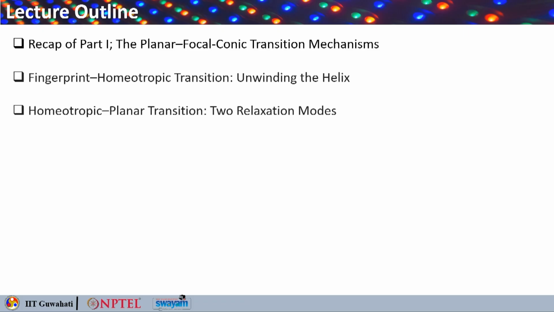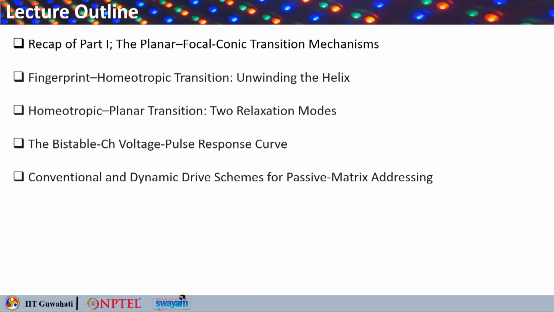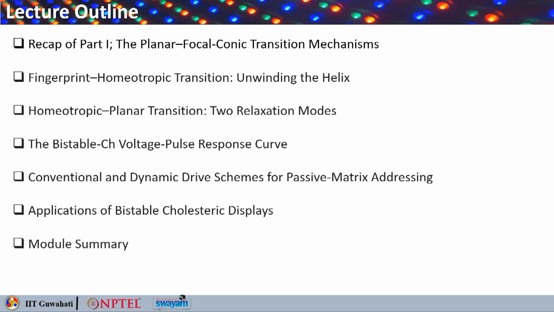Homeotropic to planar transition, there are two relaxation modes, and then the bistable cholesteric voltage pulse response curve. We'll then talk about the conventional and dynamic drive scheme for passive matrix addressing, and we'll talk about the applications of bistable cholesteric displays, and finally provide a summary to this discussion.